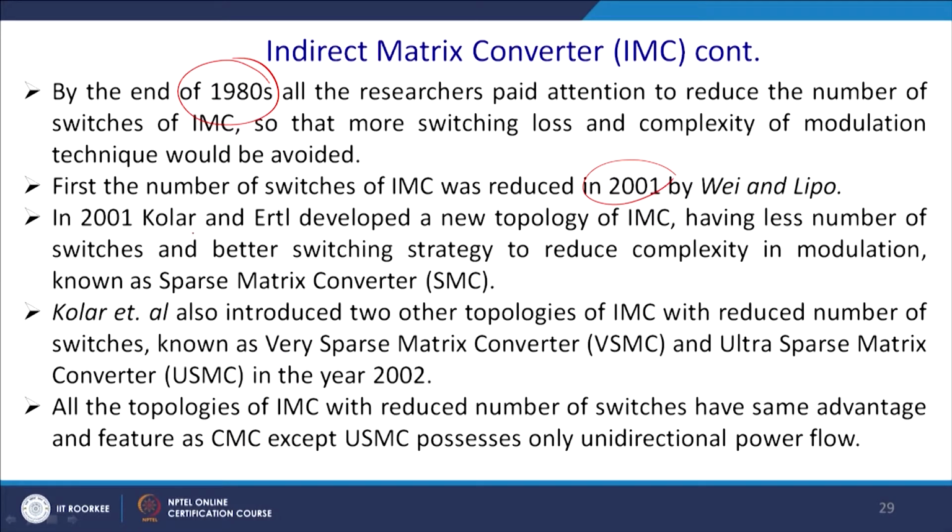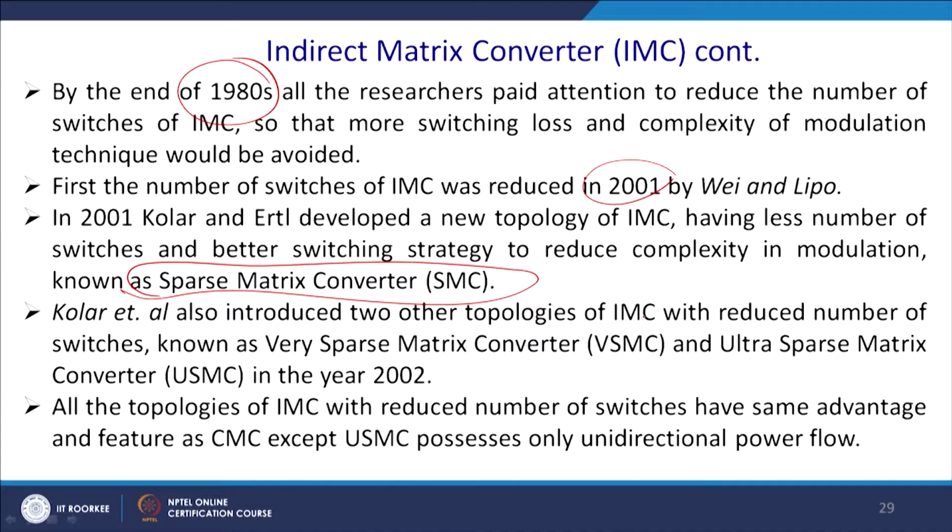In 2001, Kohler et al., who are German scientists, developed a new topology of the IMC, having fewer switches and a better switching strategy to reduce the complexity of modulation, and it is known as the sparse matrix, a quite important development in the case of the matrix converter.